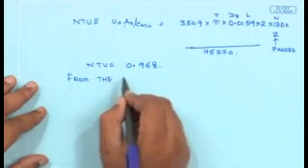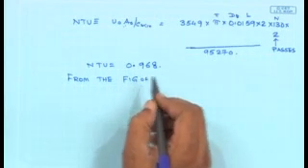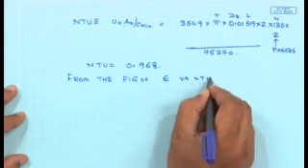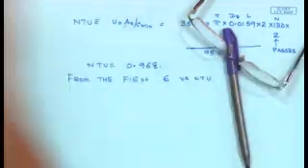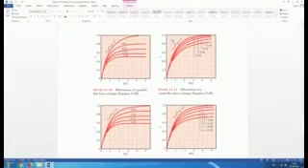So from the figure of epsilon versus NTU, let's now look at the figure that we have over here. If you look at the numbers over here, we are dealing with a shell and tube heat exchanger with 1-2 arrangement.